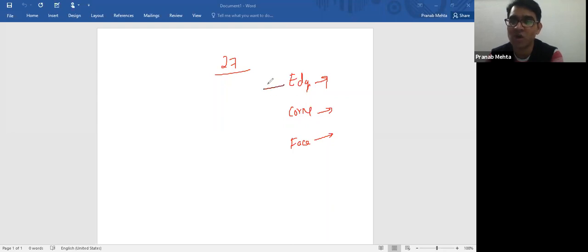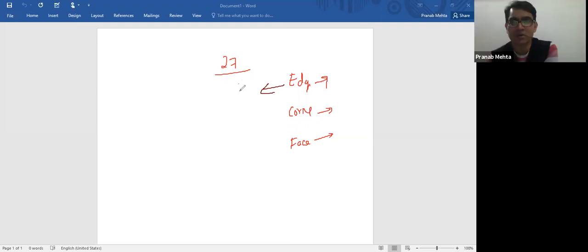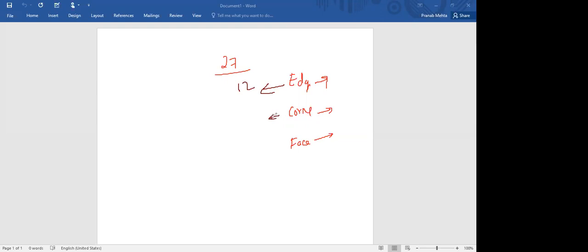All of us know how many edges we deal with, whether it's a cube or cuboid. Total how many edges are there? At the starting of the session, I told you. 12. Corners: 8. And faces: 6.